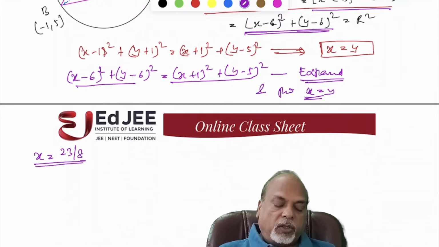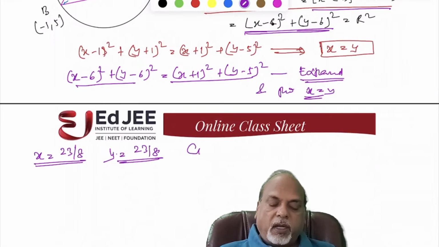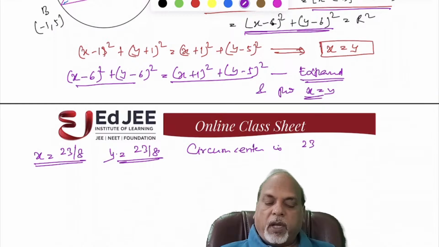Since x is equal to y, our circumcenter is 23 by 8, 23 by 8.